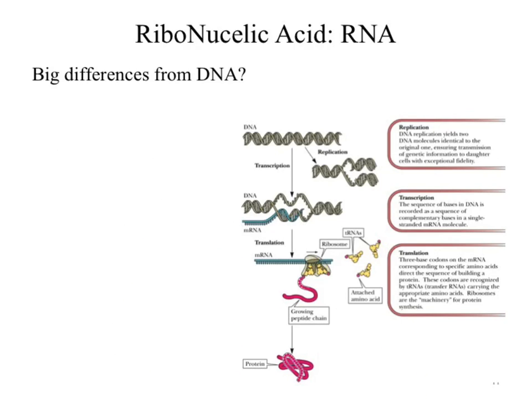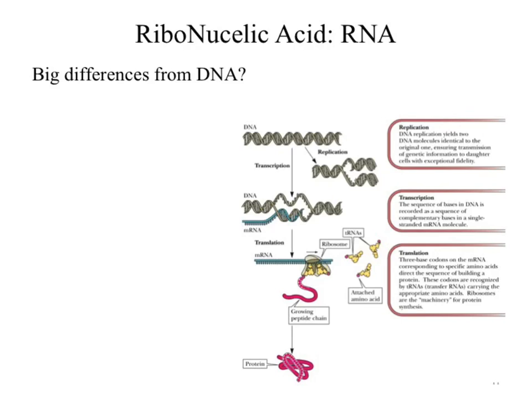When we look at ribonucleic acid, what are our big differences? What's the big difference between ribonucleic acid and deoxyribonucleic acid? Looking at one strand, it's single-stranded. We do have a change from thymine to uracil. Isn't it RNA that leaves the nucleus?